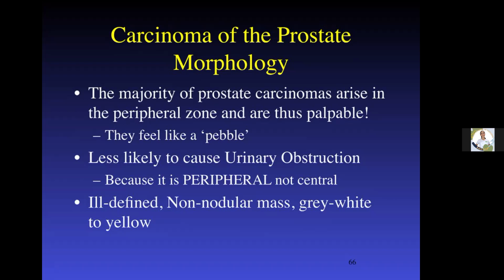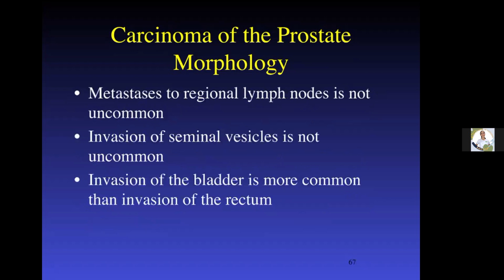So basically, if you see yellowish scrapings from the transurethral resection of the prostate, you suspect a prostatic carcinoma. Prostatic carcinoma can metastasize to regional lymph nodes. It can also invade the seminal vesicles, and it can infiltrate the urinary bladder and the rectum.